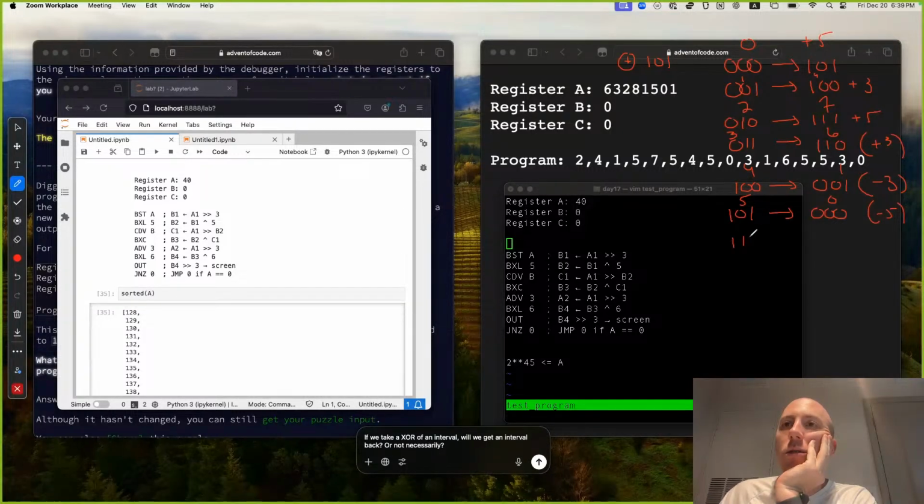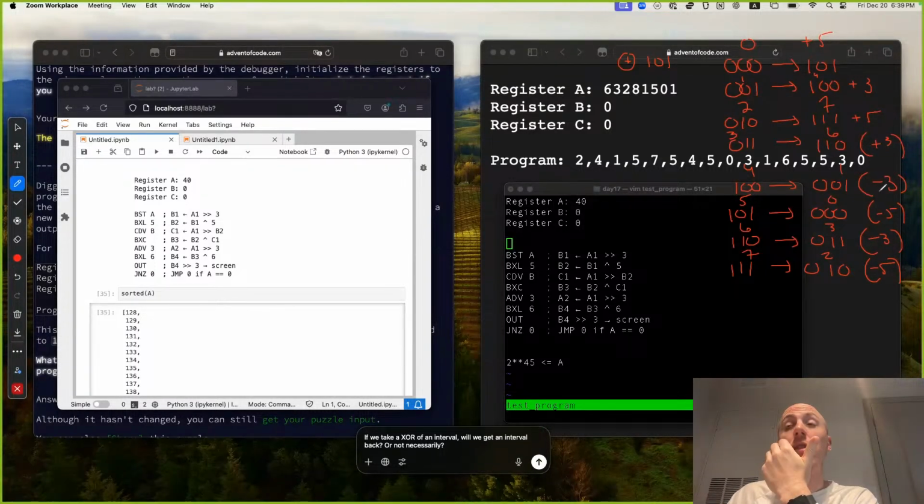You got 1, 1, 0. This is 6, go down to 3. 1, 1, 1 is 7, go down to 0, 1, 0, which is 2.